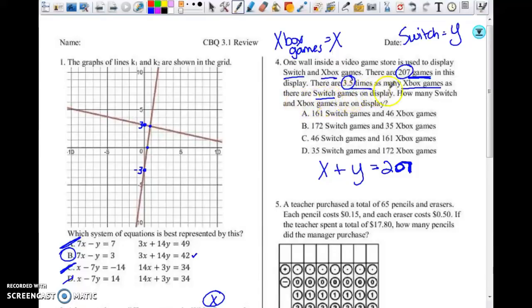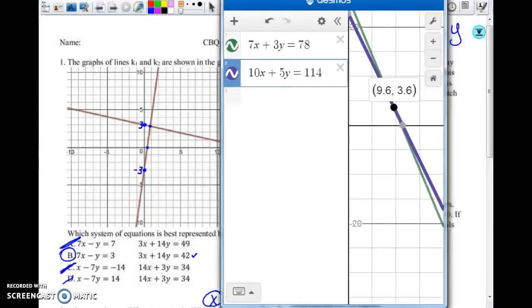So do I have more Xbox or do I have more Switch? We have more Xbox, and we have how many more? We have 3.5 times, tells me I'm multiplying to my Switch, right? 3.5 times as many Switch, and then boom, that's how many Xbox I have. So these are my 2 equations, again, to solve. Let's go on ahead and put them in Desmos.